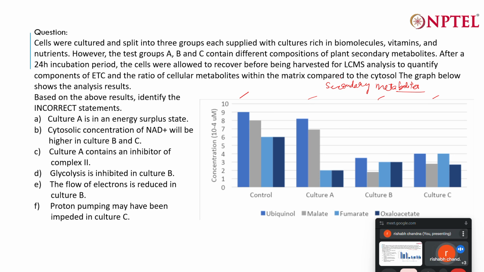They were harvested for LCMS analysis, and they checked the level of ubiquinol, malate, fumarate, and oxaloacetate in all the four cultures. This is the control one, and these are A, B, and C. So now, based on these results, you have to analyze and identify the incorrect statement.